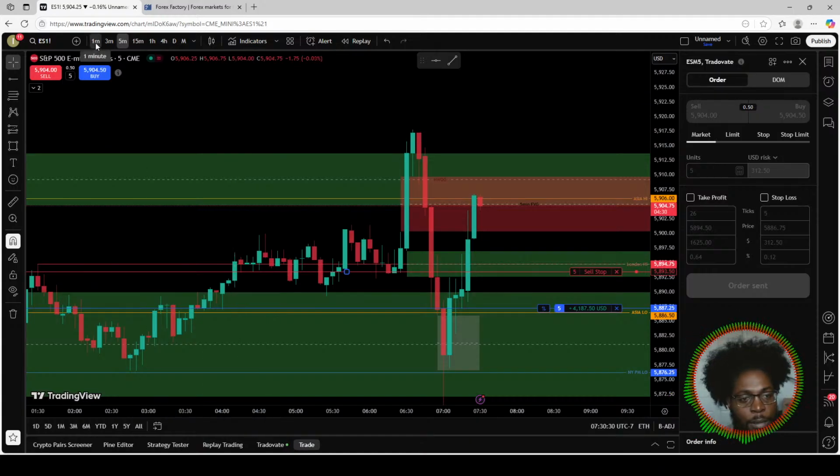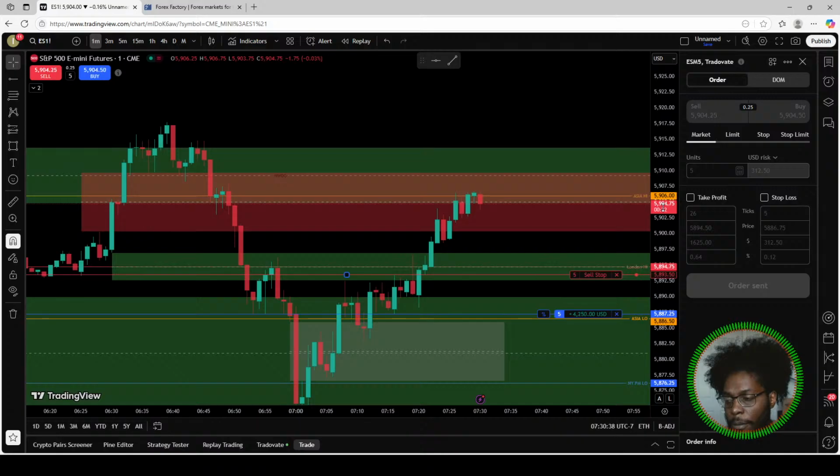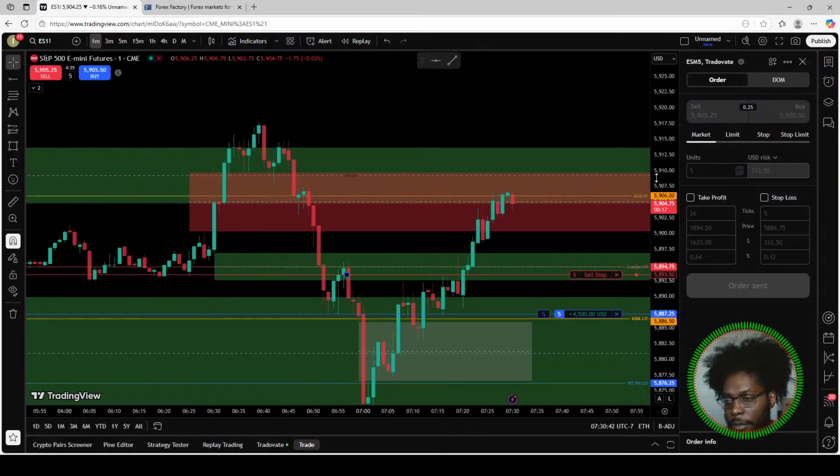And yeah, we're gonna hold on to this one and see how it plays out. It's still early. We came back up and retesting the Asia high.